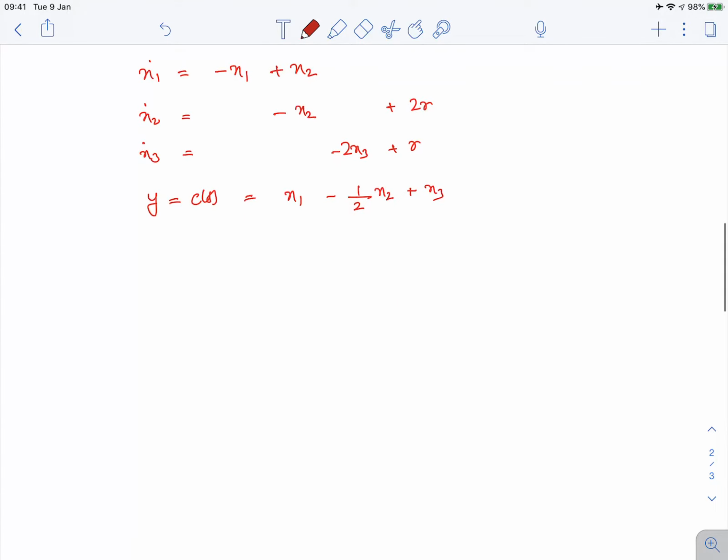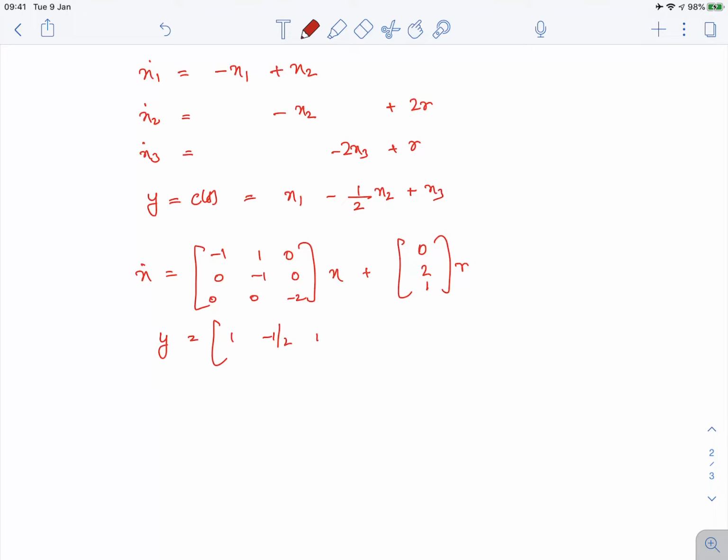Okay, now writing it into the matrix form, I would obtain x dot is equal to, and y as 1 minus 1 by 2 1 x. So you would notice here, since we have repeated roots at -1, although the roots are located at the diagonal element, but we have one where we have the repeated roots.